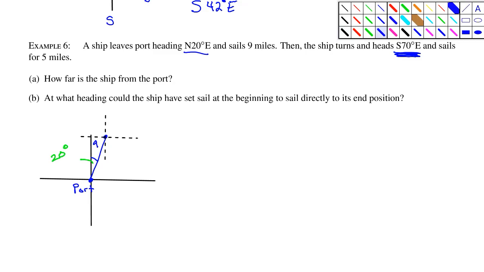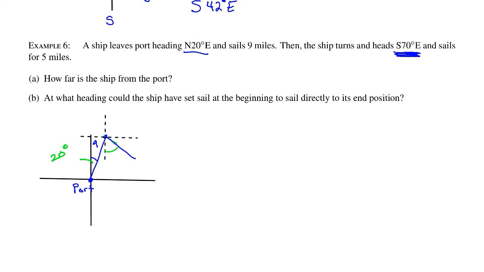And so we re-coordinatize the grid as having a new origin point, a new point to begin this trick. And we do that so that we can draw south 70 east. So south 70 east is going to open this up 70 degrees from south going toward the east, and it's going to come out like this.